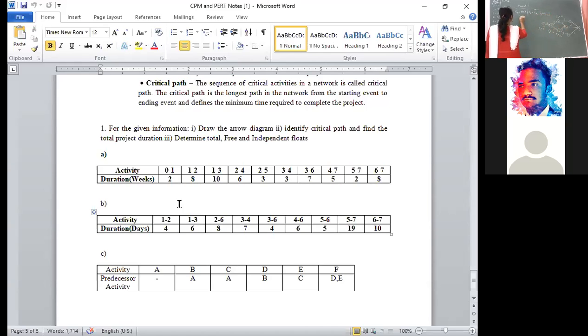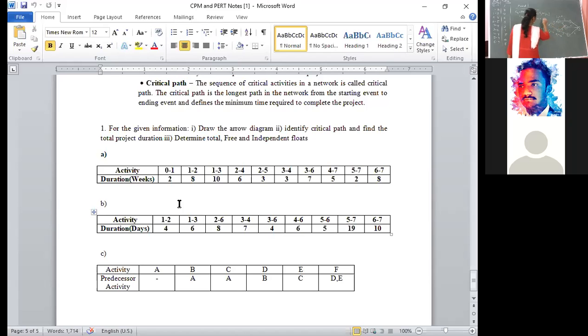This is equivalent to maximum of E2, which you already calculated as 10, plus the duration from 2 to 4, that is 6. 10 plus 6, comma, E3, which you computed earlier, is 12 plus 3.